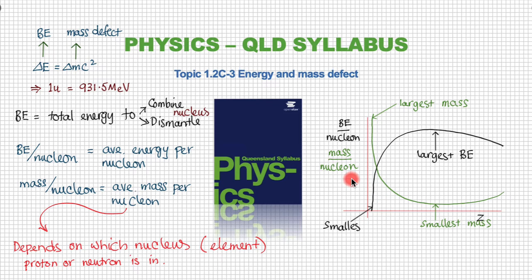Alternatively, since we have this energy mass equivalence, we say that an element that has a low proton number here has the smallest binding energy per nucleon, whereas an element like iron, which is at the peak of this curve, has the largest binding energy per nucleon.